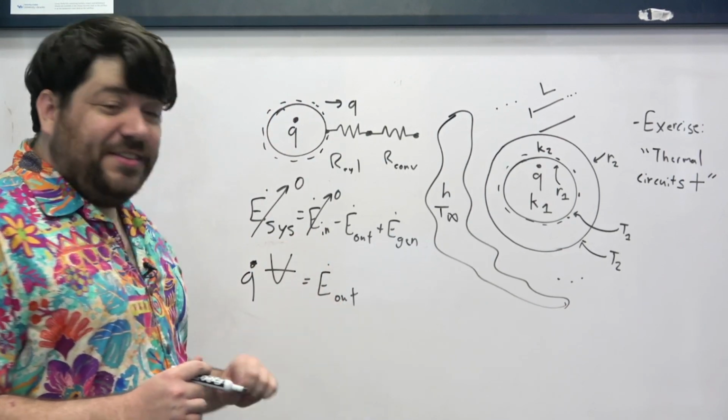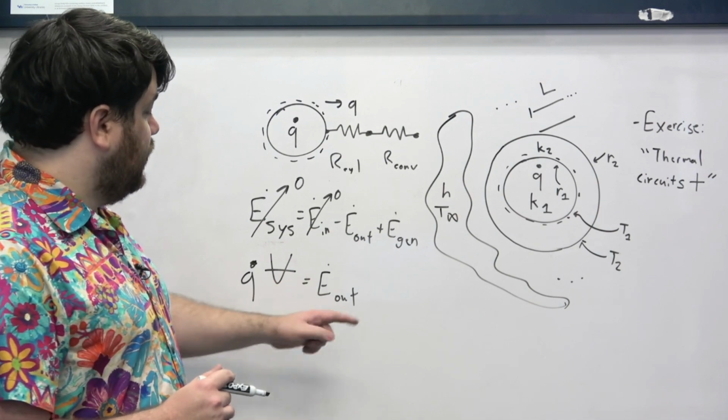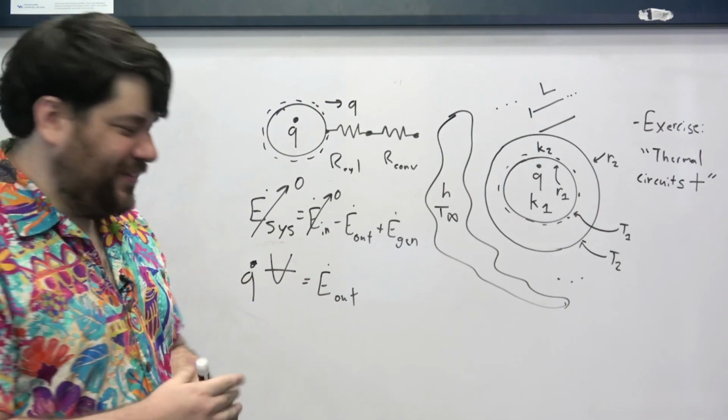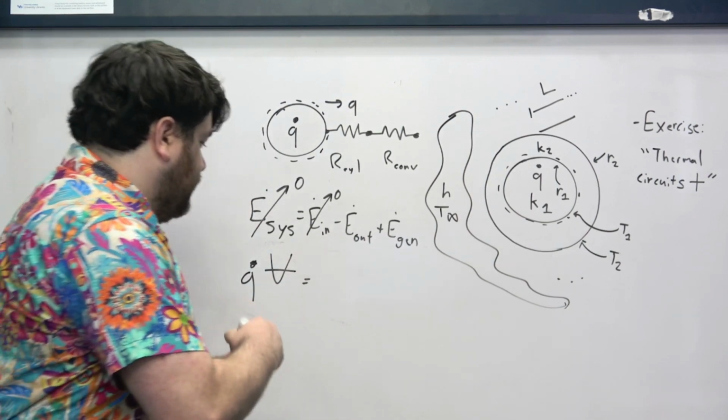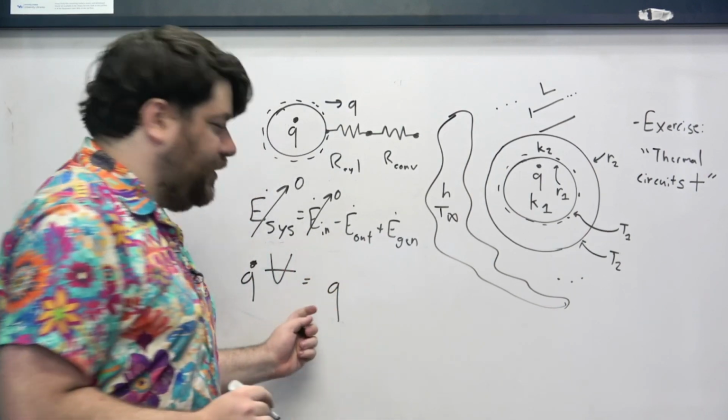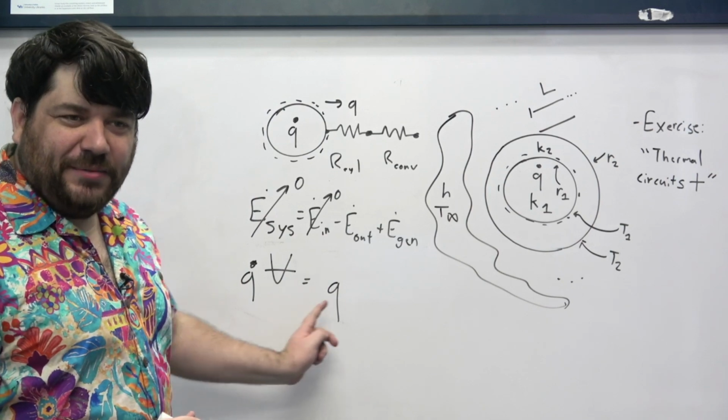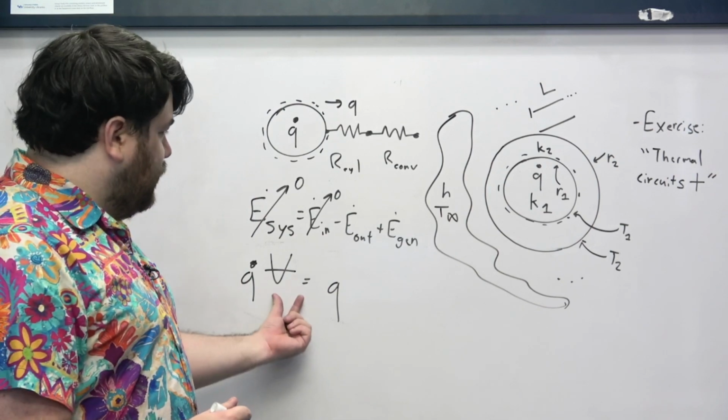And we can also replace E dot out with the heat transfer rate out of the cylinder, which is just the Q that we're looking for. And so the relationship is pretty straightforward, right? It's just Q dot times the volume is equal to Q. But what is this volume?